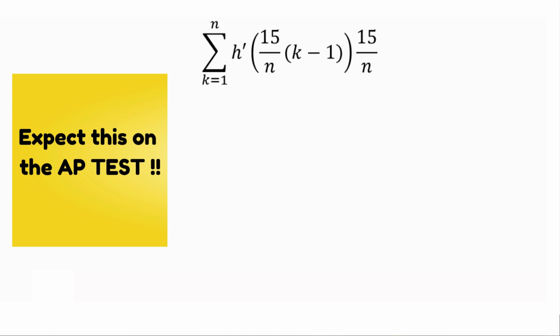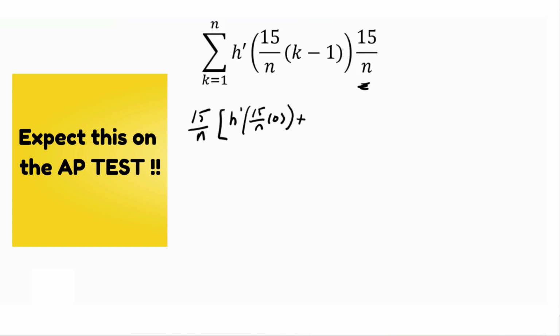All right, let's write this summation out just to see what's happening here. So I can see that I have a 15 divided by n. I'm going to bring that out front. And then when k equals 1, we would get h prime of 15 over n times 0.